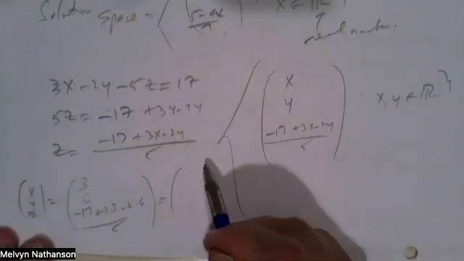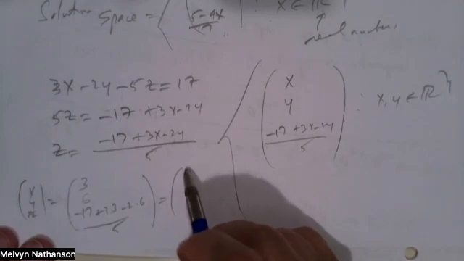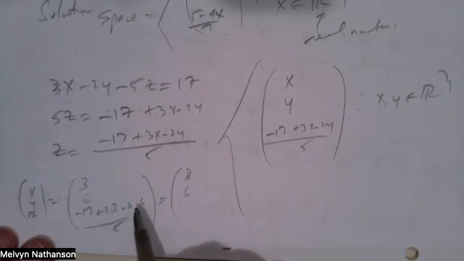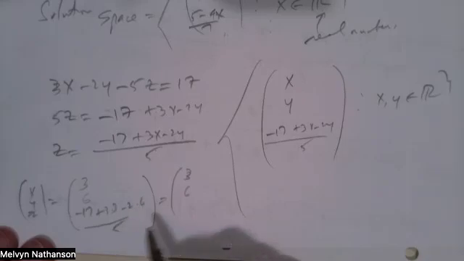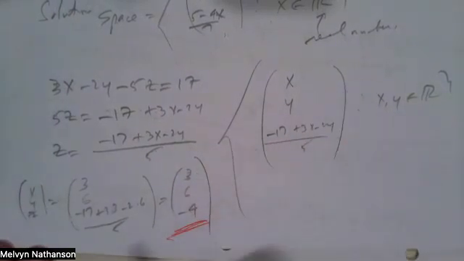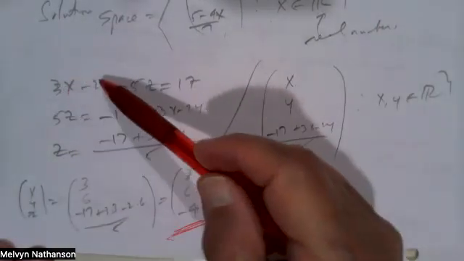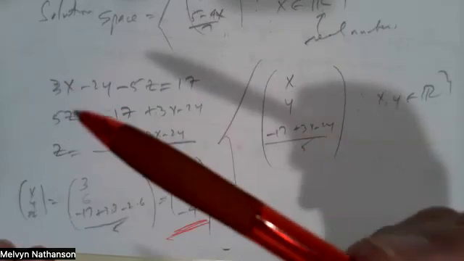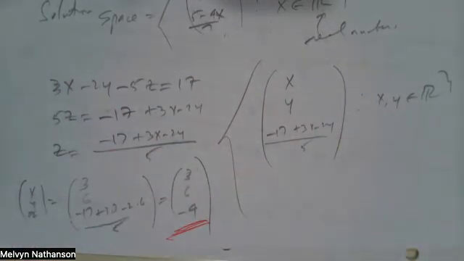That's the vector 3, 6, minus 17 plus 9 is minus 8. Minus 8 minus 12 is minus 20. Minus 20 over 5 is minus 4. So one particular solution of this equation is 3, 6, minus 4. You plug it in and you see that it works. 9 minus 12 is minus 3 plus 20. 20 minus 3 is 17. So this is the solution space for this equation.